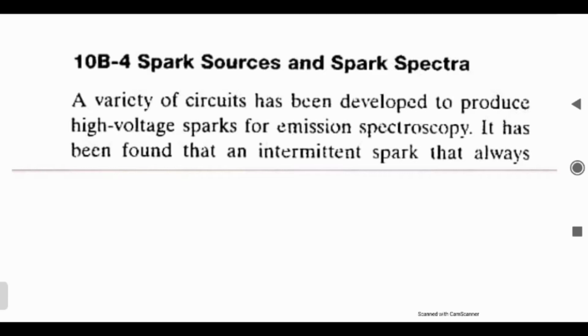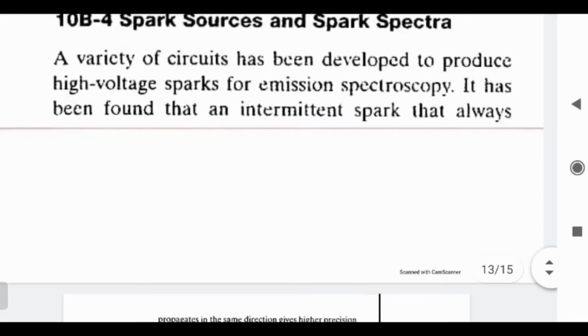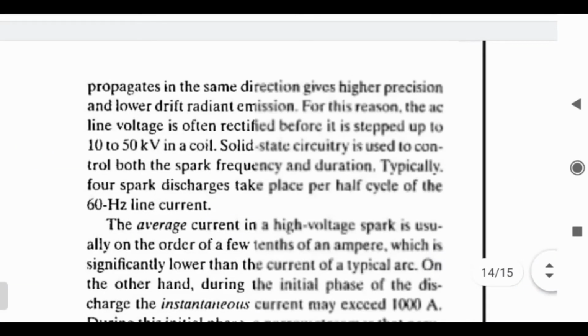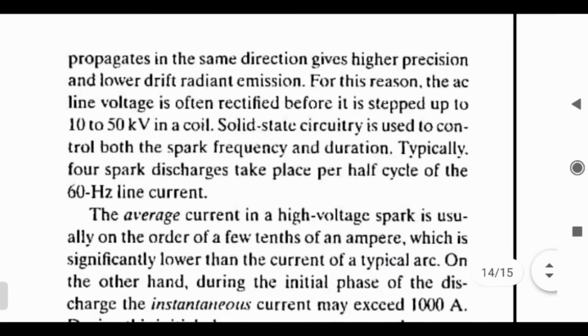The spark sources contain a variety of circuits which have been developed to produce a very high voltage spark which can be used for emission spectroscopy. It has been found that an intermittent spark always gives a signal with high precision and low drift radiate emission.